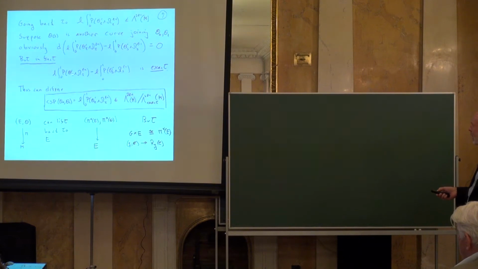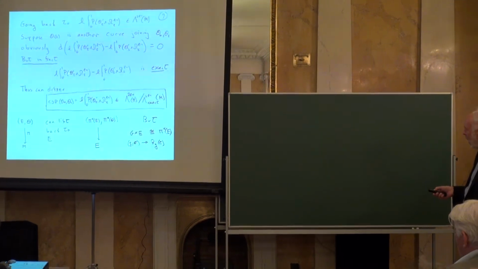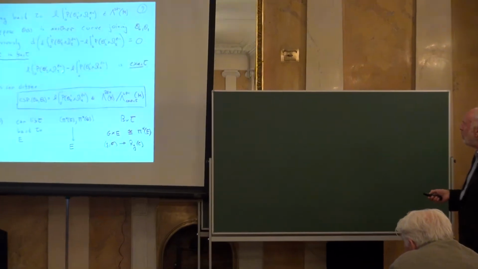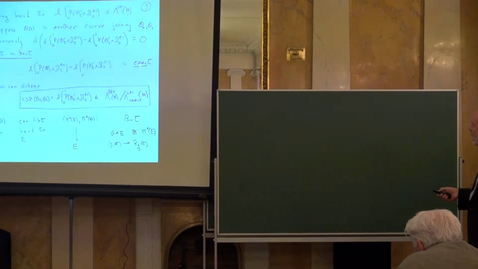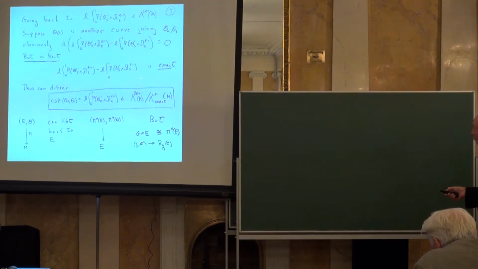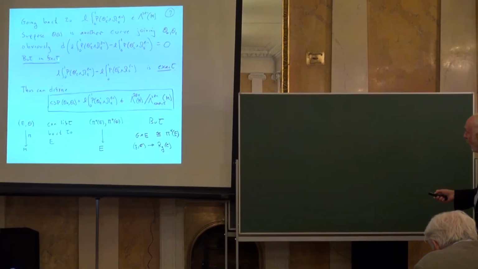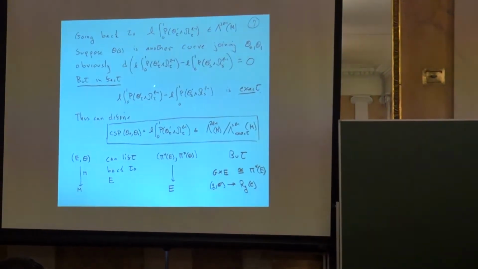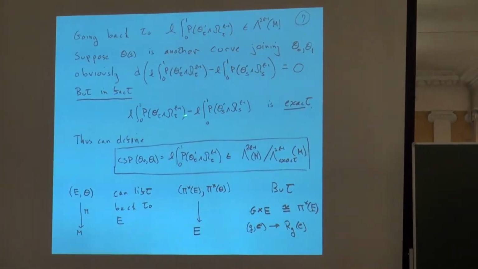You can prove that this form here is well defined. It's independent of the path that you chose joining those two connections. It's well defined modulo exact. It didn't depend on what path you chose to connect the connections.